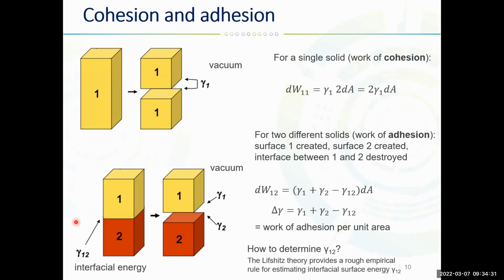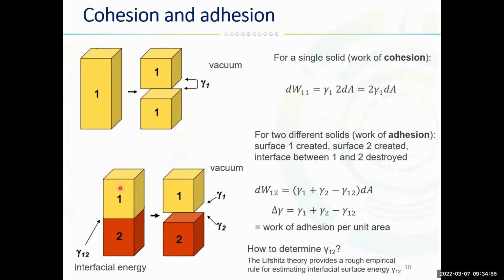Here we have cohesion and adhesion. These are two quantities we were talking about. Cohesion is the interaction between two similar surfaces or materials, and adhesion is the interaction between two different materials.